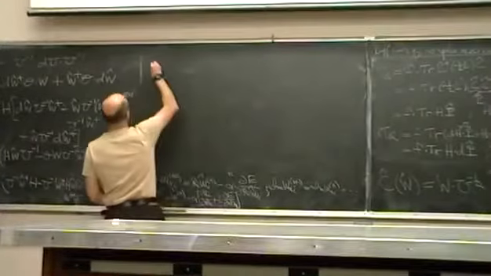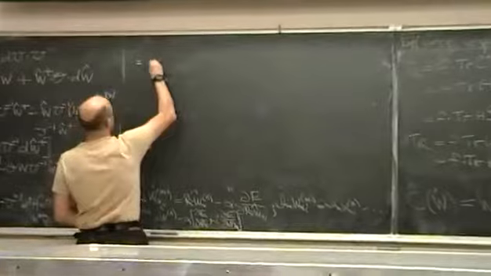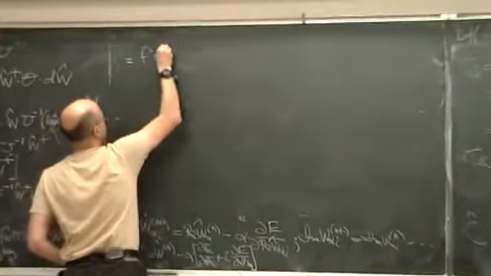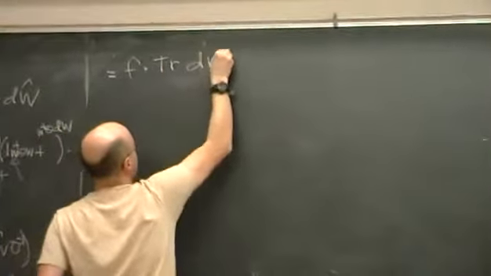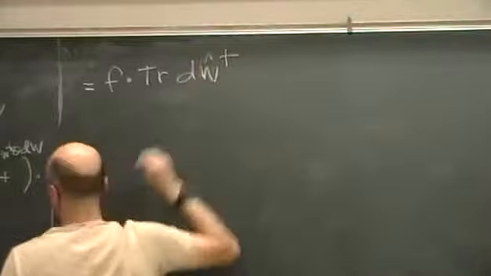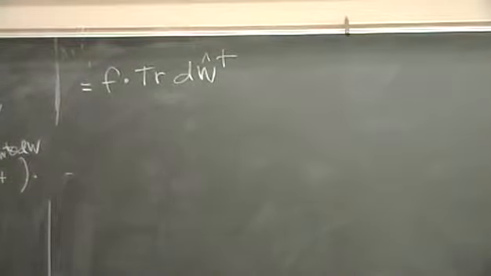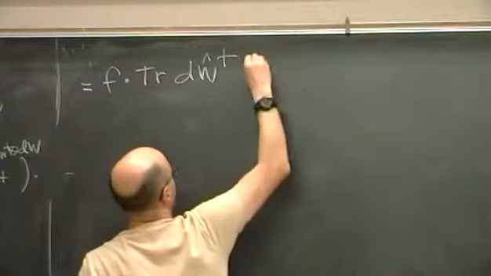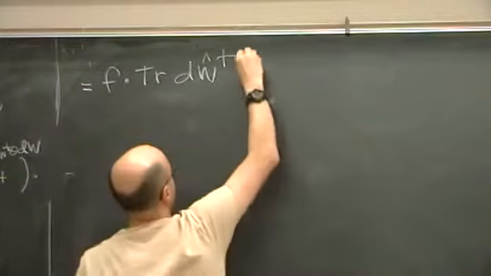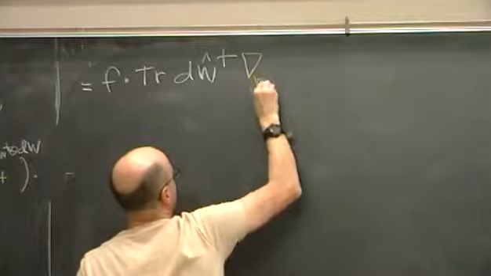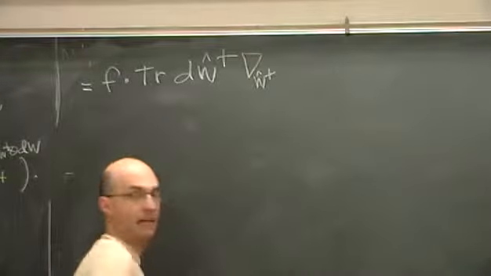So I've got F times the trace of dW dagger times some matrix that I have here in parentheses. And for reasons that will become clear, I'm going to name the thing, I call it grad with respect to W dagger.